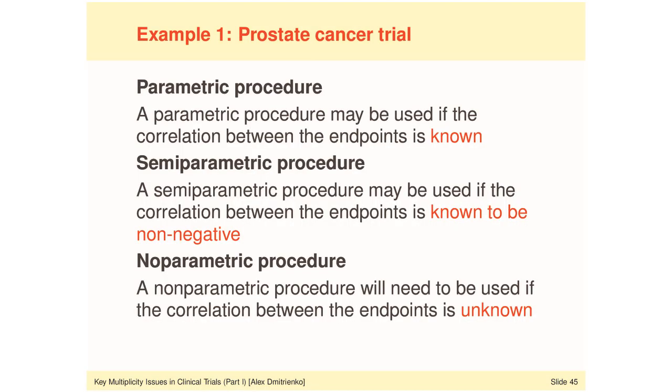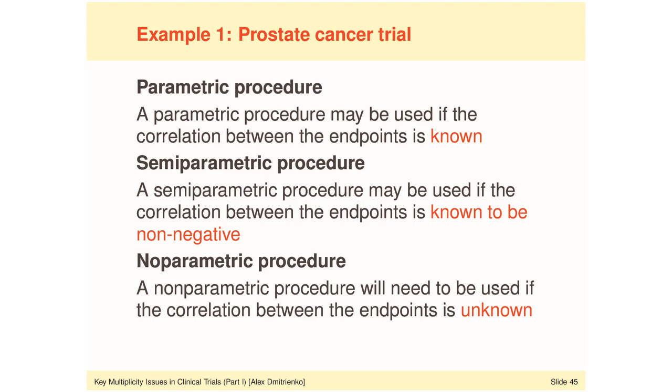We're now ready to return to the question: can we use a nonparametric, semiparametric, or parametric procedure in this trial to protect the type 1 error rate in the prostate cancer trial? The answer depends on what we know about the two test statistics associated with the primary endpoints in this trial. It will be ideal, as we have said, to apply a parametric procedure because it is the most efficient approach to performing multiplicity adjustments, and it results in highest power.